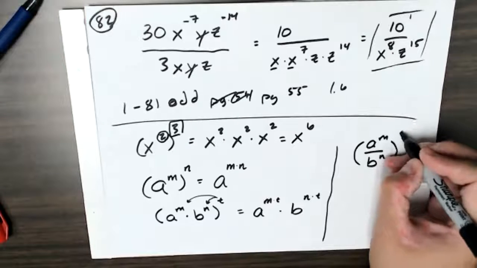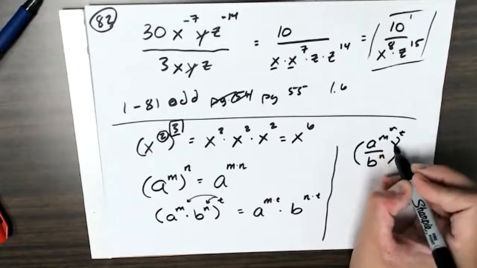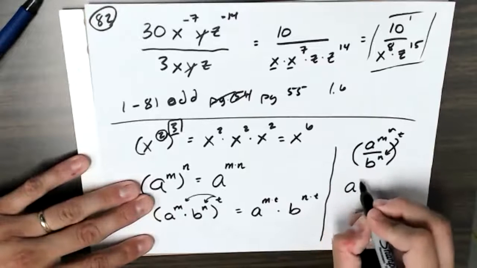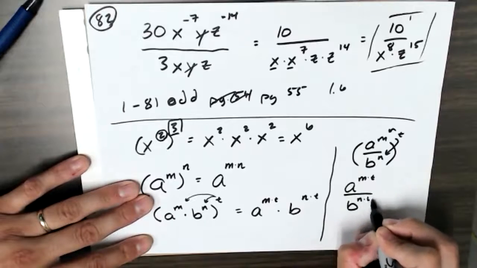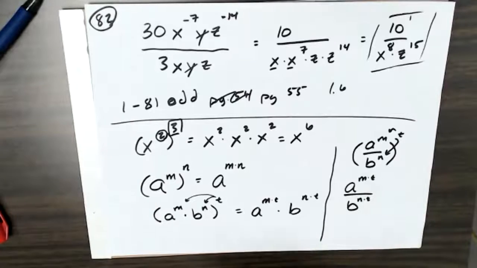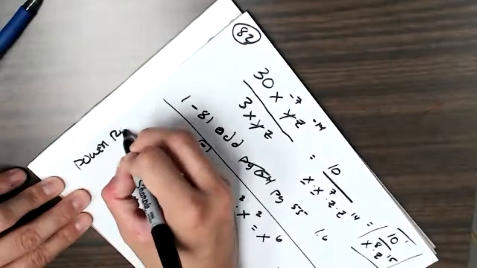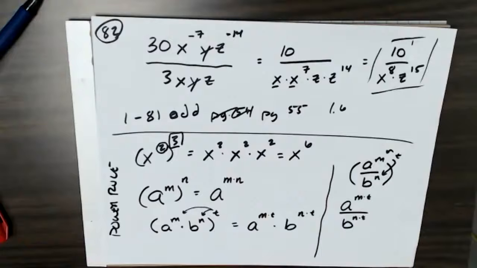And if we raise it to a power, a t again, I'm going to distribute to every single exponent in the parentheses. So this becomes a to the m times t over b to the n times t. These are all the power rule, just different versions of the same rule.